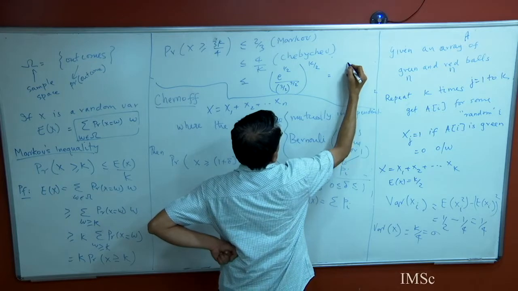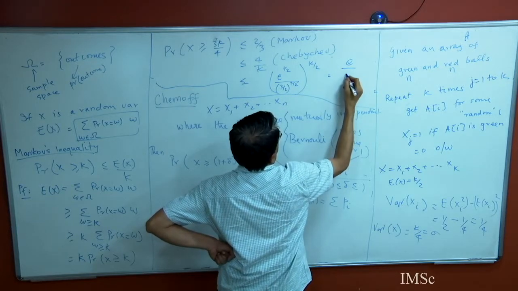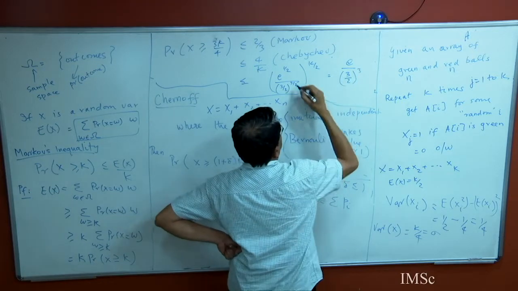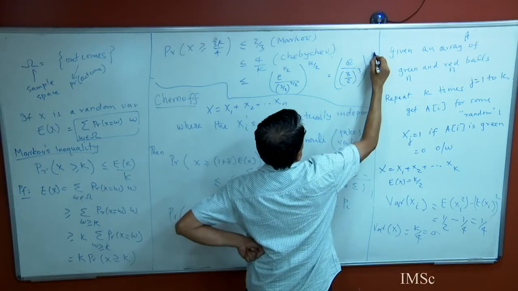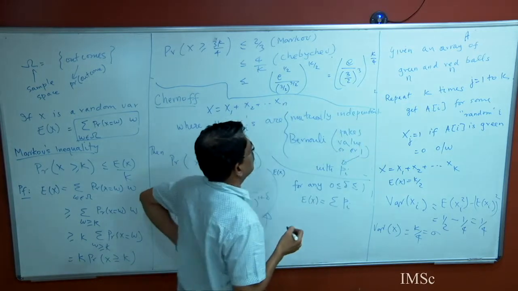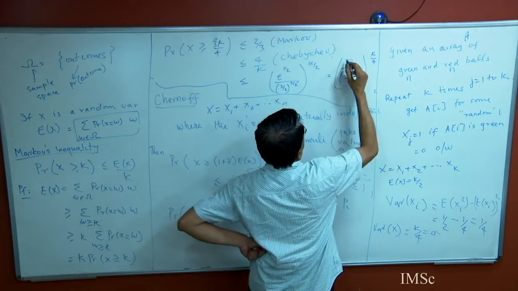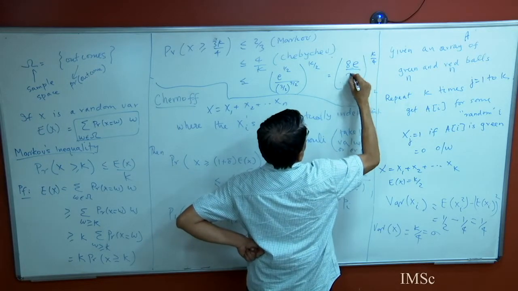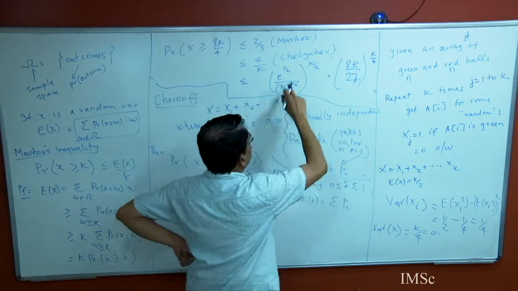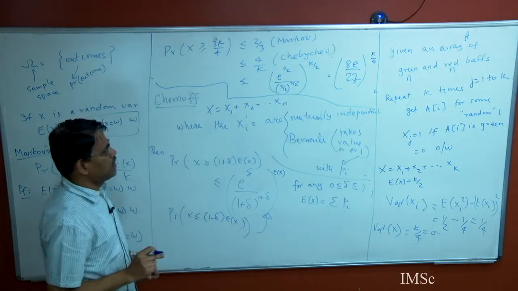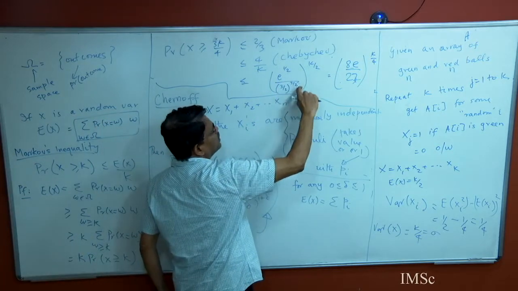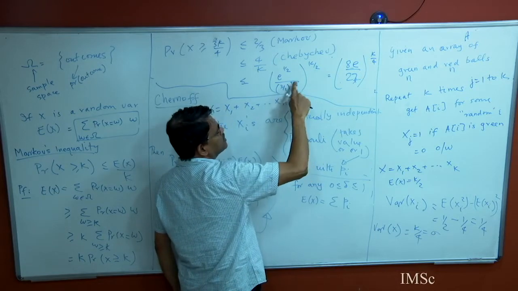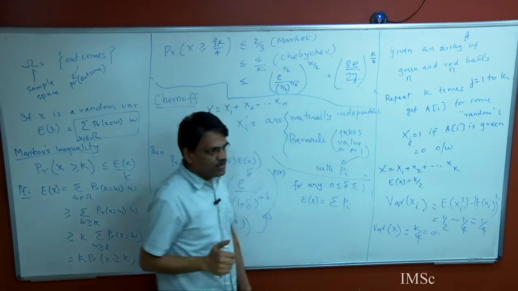It's e by (3 by 2) whole cubed, so I'm taking the k by 4. Or let's say more, 8e by 27. Okay? 3 by 2 cubed is 27 by 8. So I've taken this 2 in the denominator outside, and 3 by 2 cubed I have replaced by 27 by 8. So 8e by 27 power k by 4.